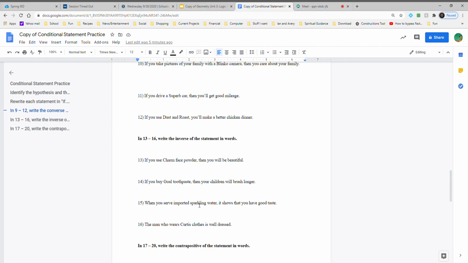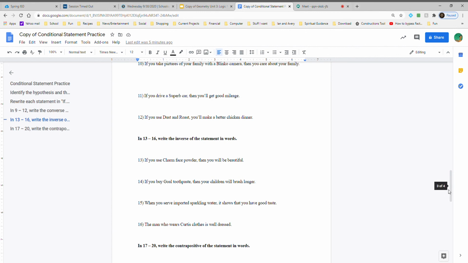Again, don't try to change this to bad taste. Just put the word not in. And number 16, the man who wears Curtis's clothes is well dressed. I think it's supposed to be an apostrophe there. So it would be the man who doesn't wear Curtis's clothes is not well dressed. That's weird, but that's the truth.